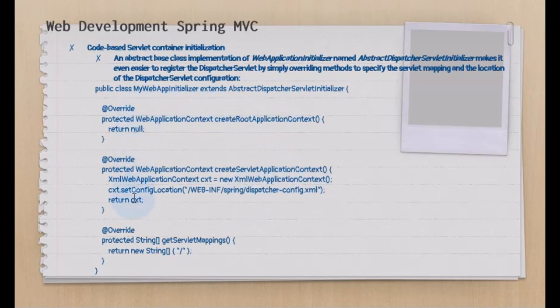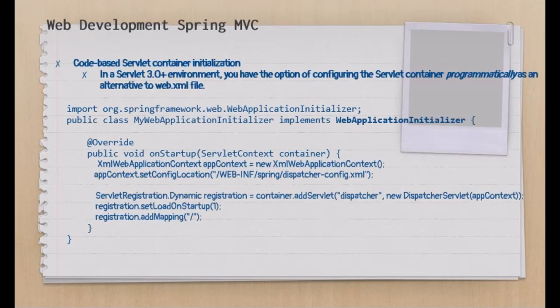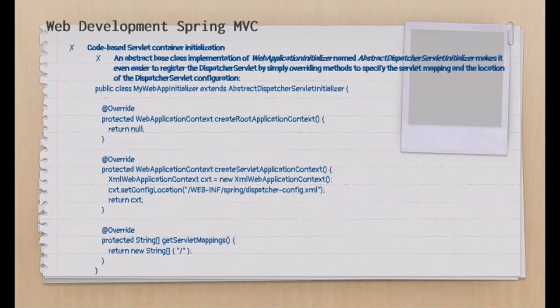So here you can see there are three methods, and in the createServletApplicationContext. Again, I am reiterating, in the previous slide we were implementing the interface directly. So Spring MVC has given us an option, an implementation of that interface known as the AbstractDispatcherServletInitializer.